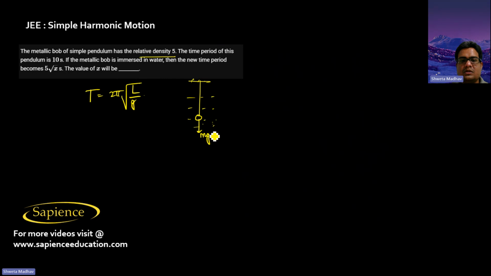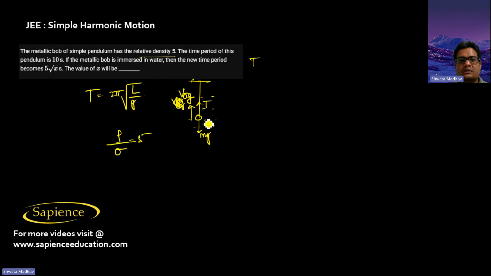Now this is mg and this is T, the tension. Obviously the upthrust will act, that is V sigma g. Now rho by sigma is equal to 5, it is told.